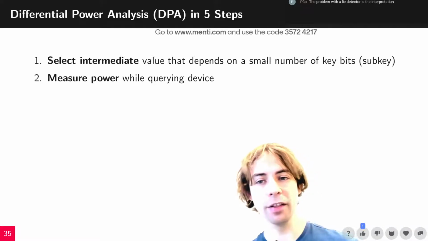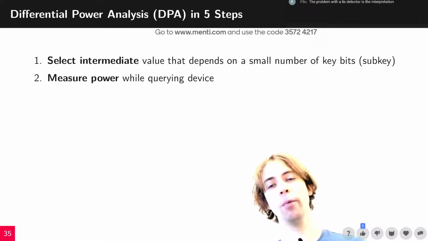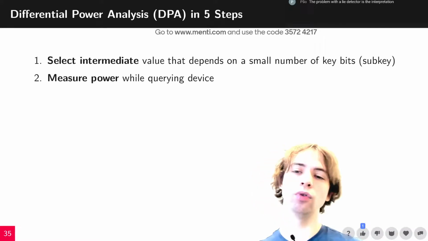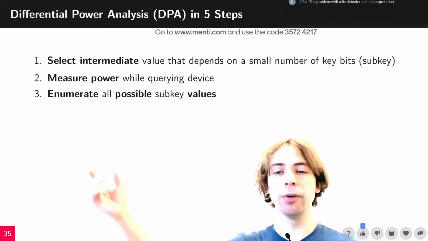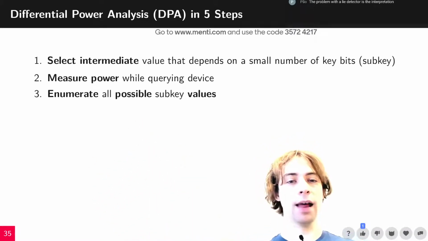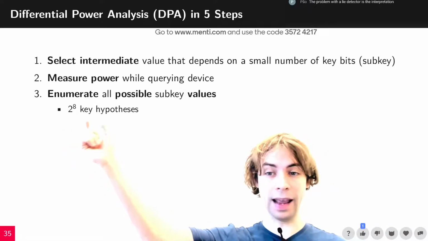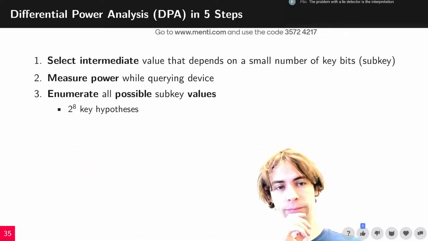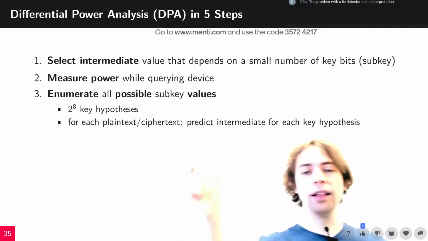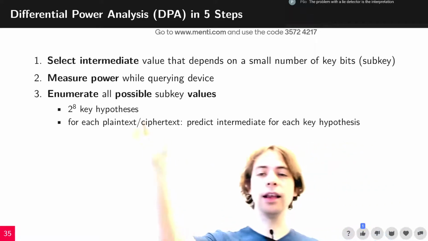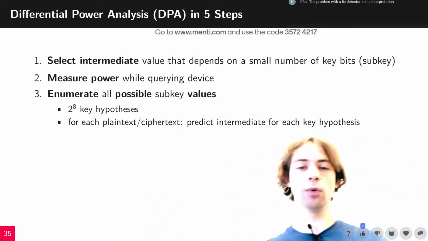We then measure the power while querying the device, and we try to do that with a lot of different values. Then we enumerate all the possible subkey values. If it's a byte, well, then we have 8 bits, so we have 2 to the 8 hypotheses.